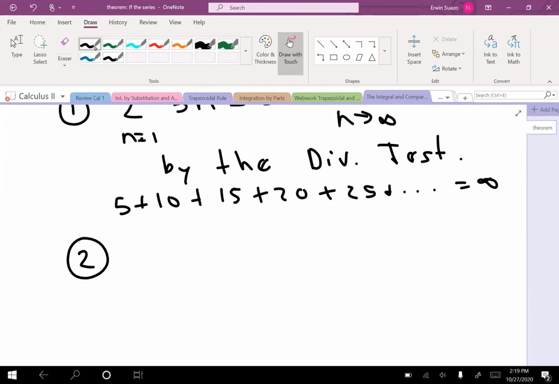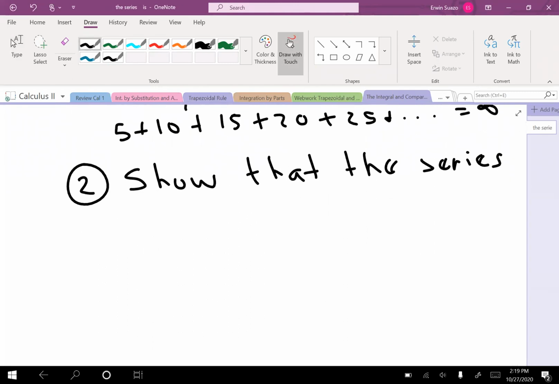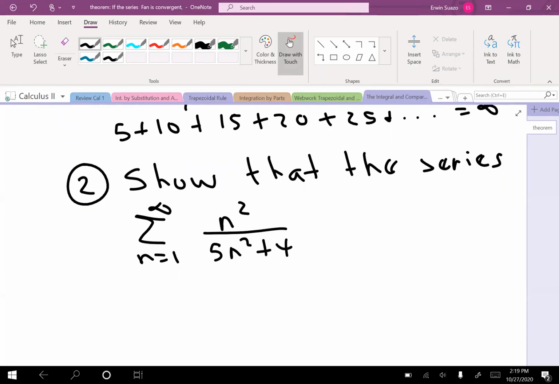Show that the series sum from n equals 1 to infinity of n squared divided by 5n squared plus 4 is divergent. I'm telling you that it is divergent, so you need to show me that it is divergent. So go ahead. Let me give you 4 minutes to do this.